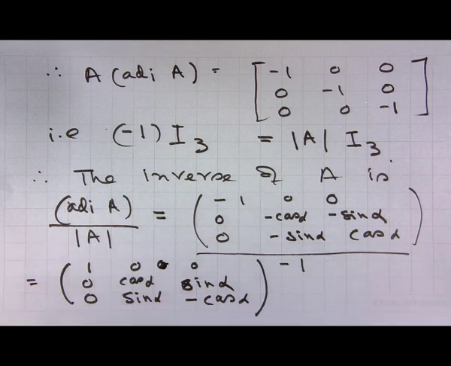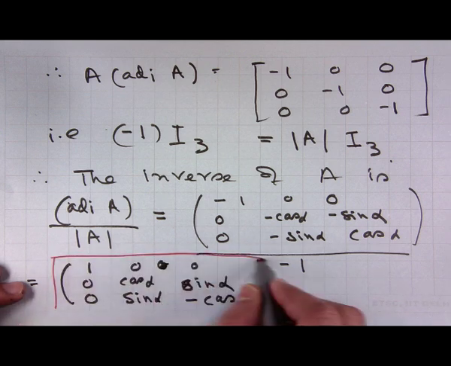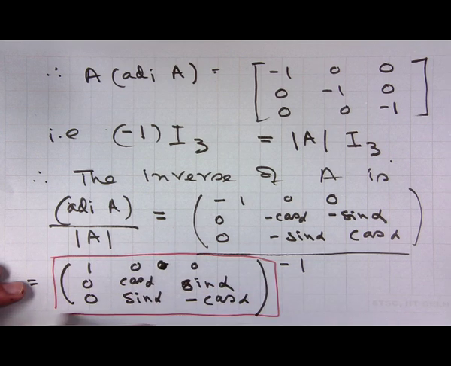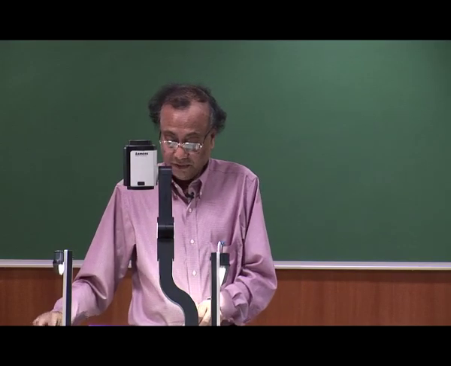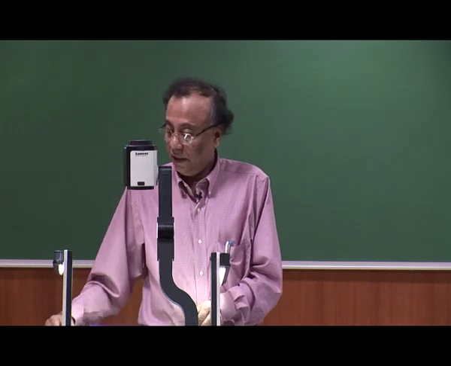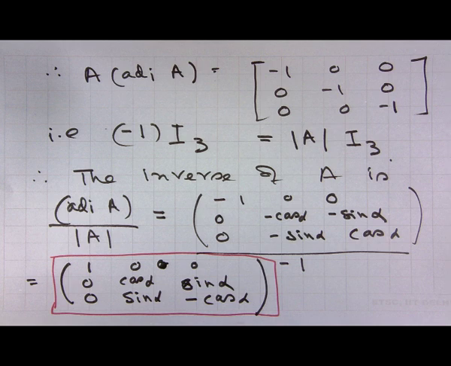So, this is the inverse of the given matrix. I want you to verify that A into A inverse is equal to A inverse into A is equal to identity matrix.